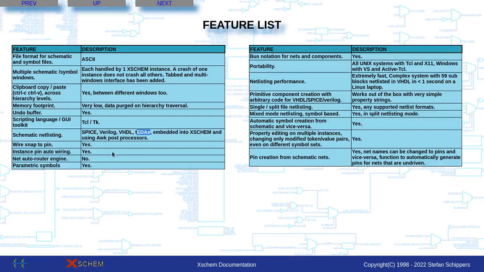And of course we have parametric symbols. We have bus notation for nets and components. It's very portable. Net listing is very fast. Component creation can be done with arbitrary code, so we can easily create behavioral blocks where we design only the symbol with the interface, and then we put some VHDL or Verilog code for the block.